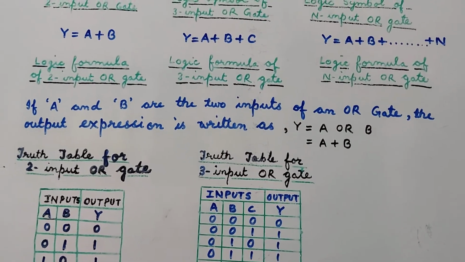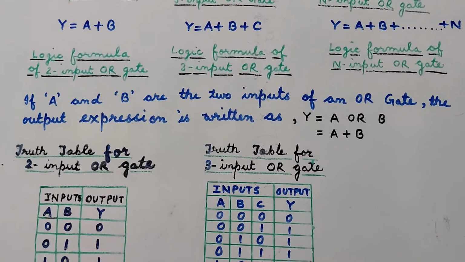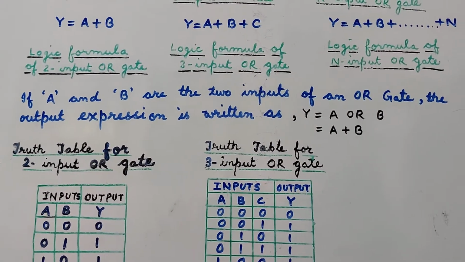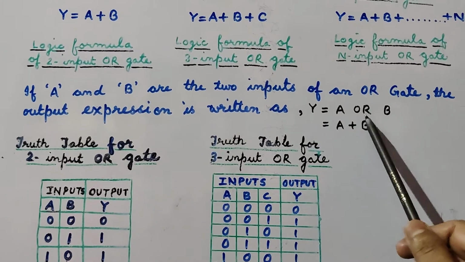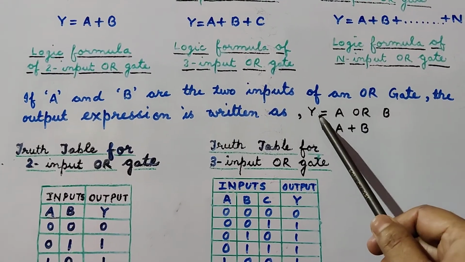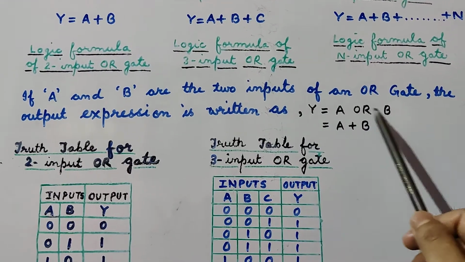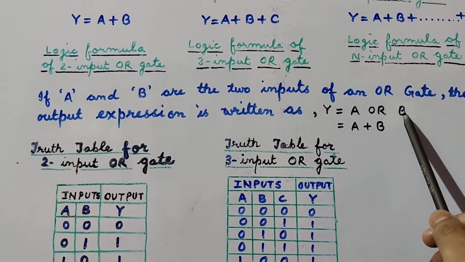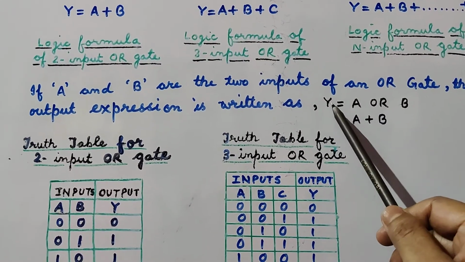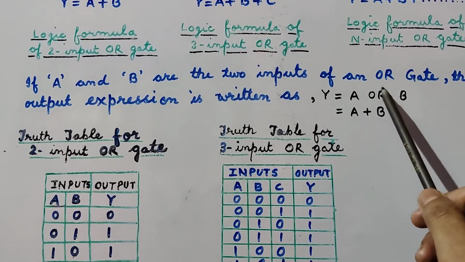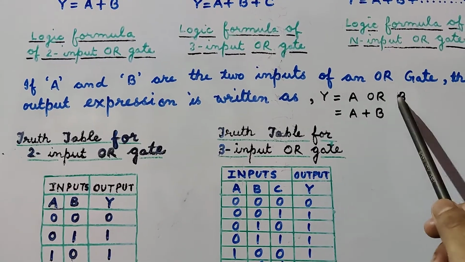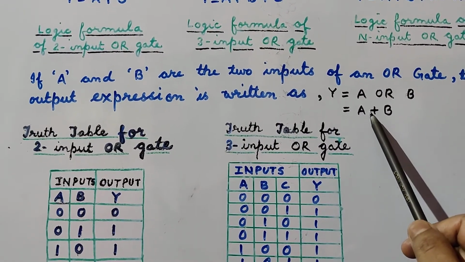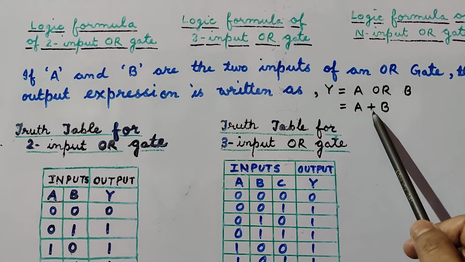So we see here that if A and B are the 2 inputs of an OR gate, then the output expression in case of an OR gate is written as Y equals A OR B. That is, an OR gate performs the OR operation between the inputs A and B. So the output Y will be equal to the OR operation of A and B. An OR operation is nothing but the plus symbol, or addition operation.